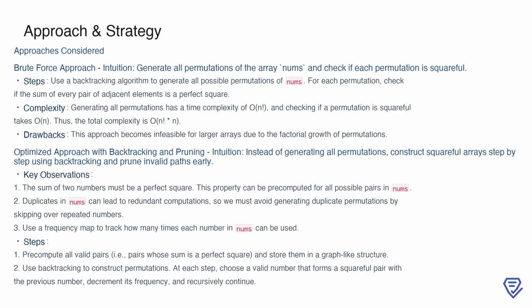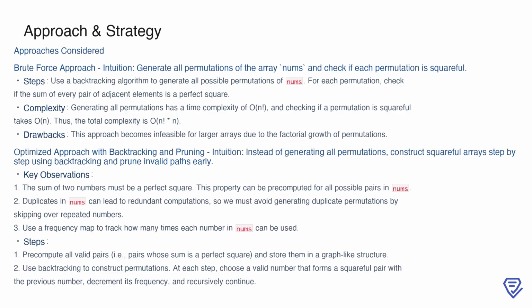For each permutation, we then verify if the sum of every pair of adjacent elements is a perfect square. However, the complexity of this approach quickly becomes unmanageable. Since generating all permutations has a time complexity of O(n!), and checking each permutation takes O(n), the overall complexity is O(n × n!). This rapid growth makes it infeasible for larger arrays.